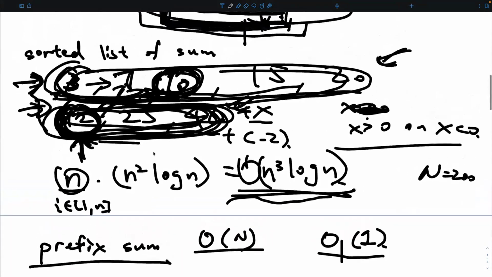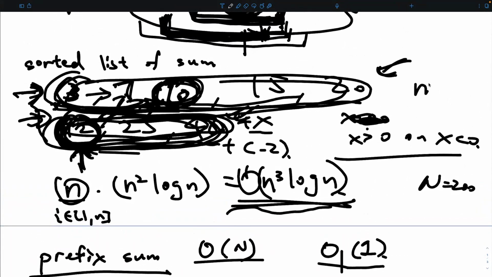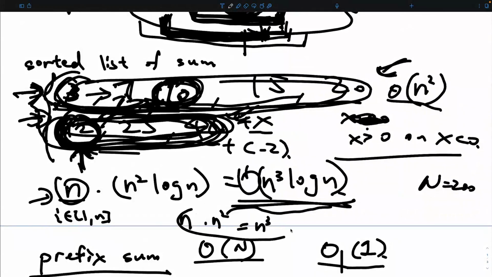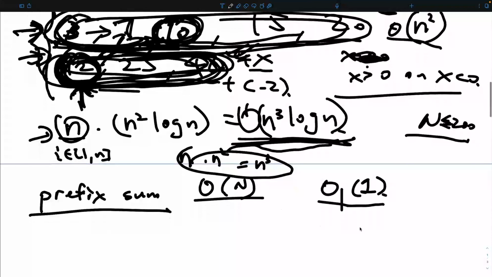So you will have O(n^2) for the comparison of 2 lists, because you have different i to try. So in this part you will have n times n squared, which is n cubed. The time is dominated by the time used to sort the array, which I feel is sufficient for n smaller or equal to 200, right?